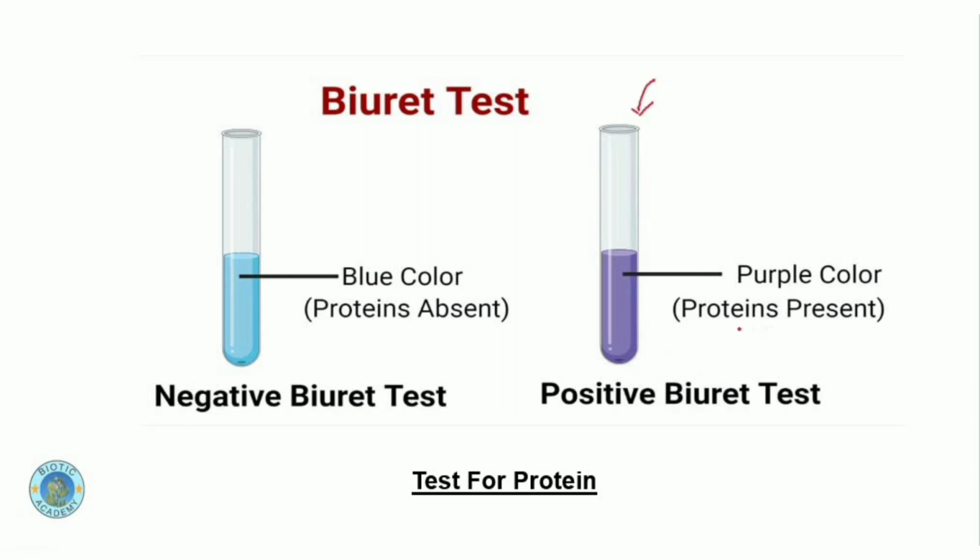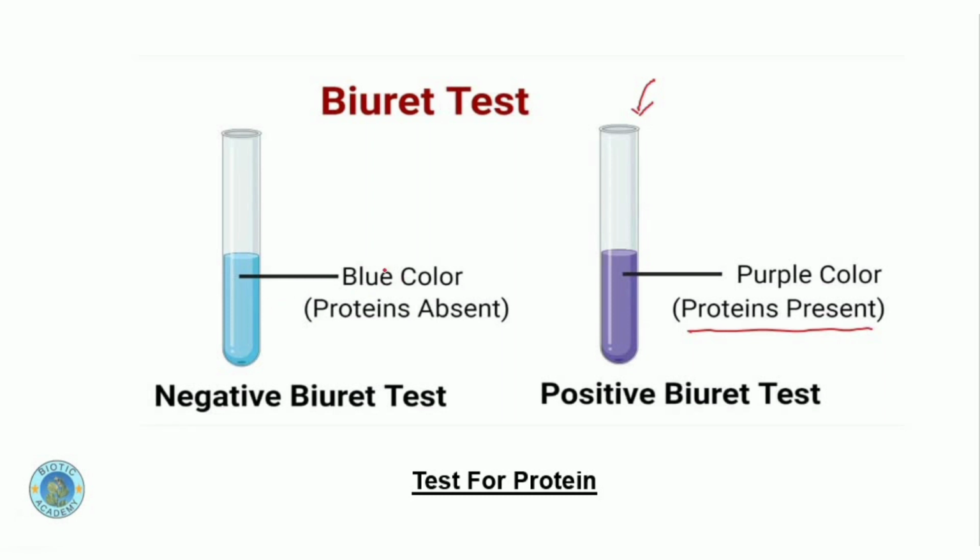The color will change and it will show purple color. That purple color shows the presence of protein in that solution. That is showing a positive Biuret test. But suppose I am taking any food sample which does not have protein, and I add Biuret reagent there, the color will appear blue. Why does it appear blue?